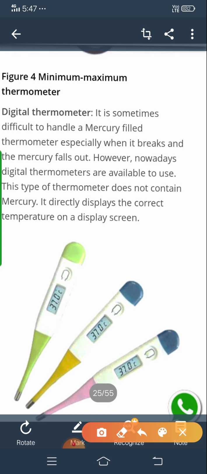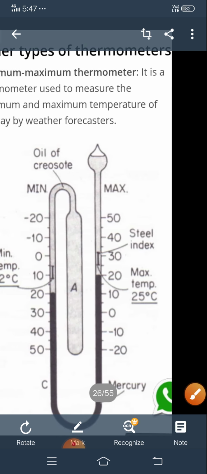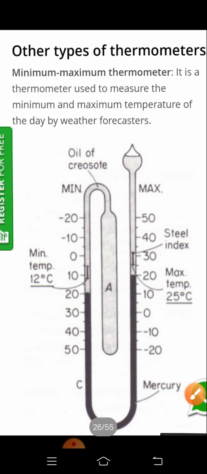Okay. And next one, that is minimum and maximum thermometers. The other types of thermometers are minimum and maximum thermometers. Where do we use the minimum and maximum thermometers? We use it for weather forecasting.